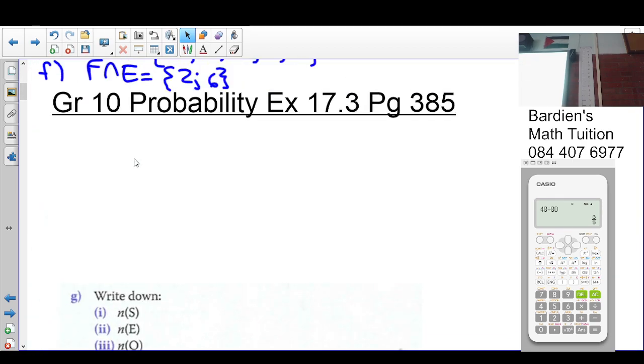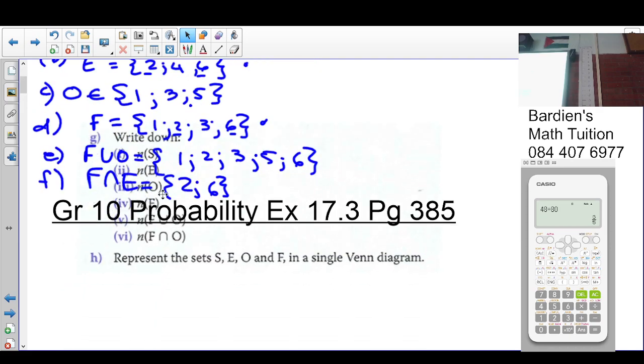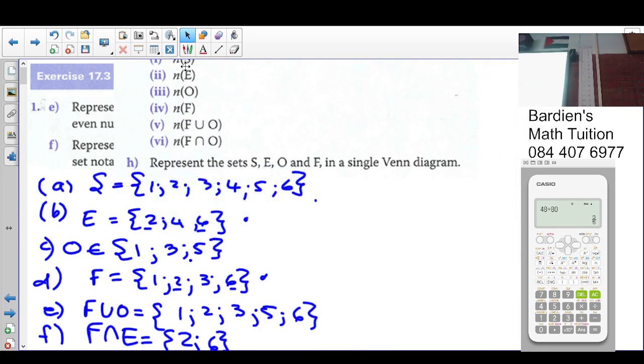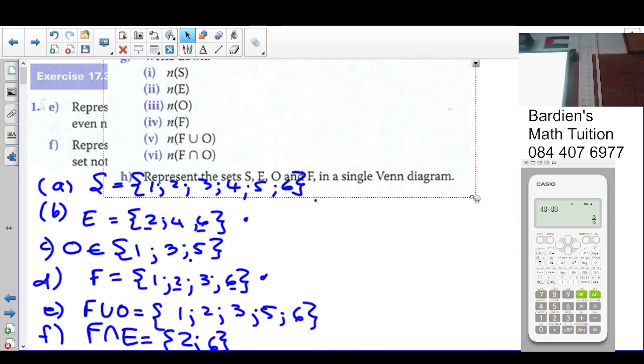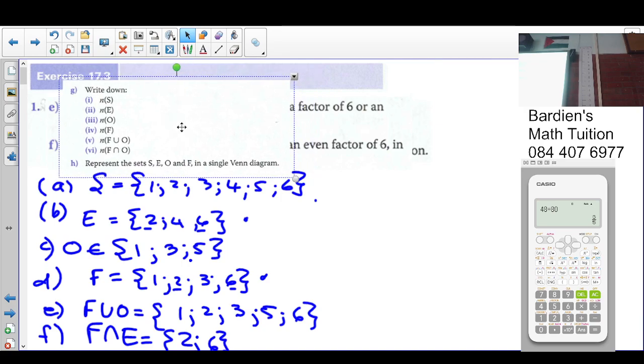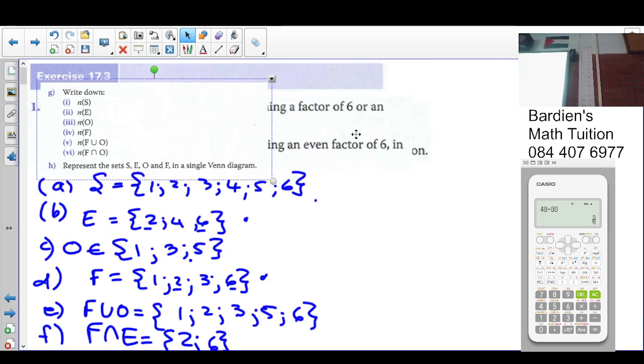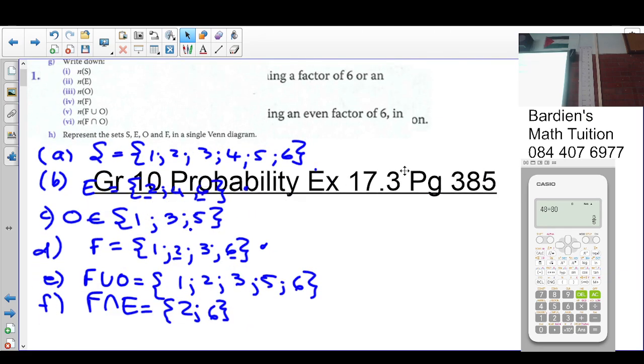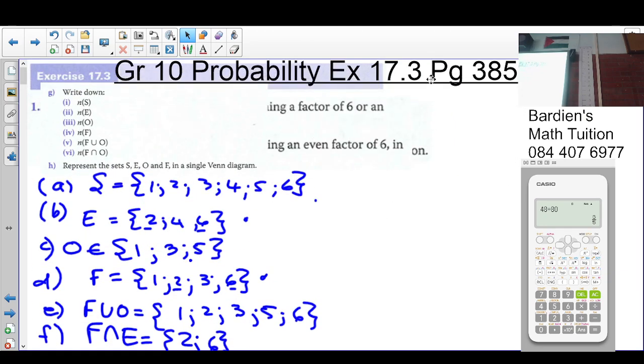G. In G, we are asked to write down the number in the sample space.